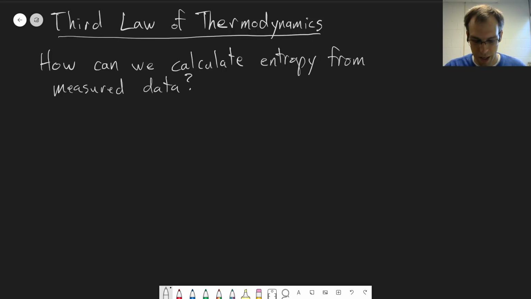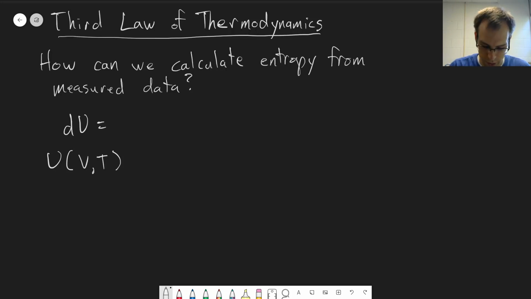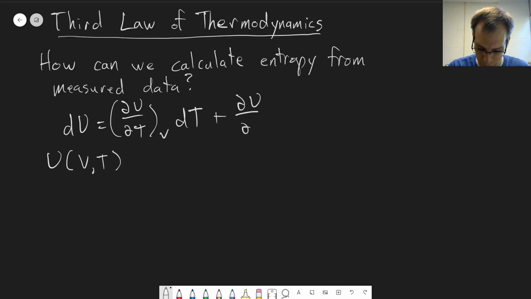And to do this, we're going to be taking advantage of the fact that we can write out total differentials of variables that we have encountered so far in thermodynamics. For example, dU. If we say U is a function of the volume of gas that we have and the temperature, we can write a total differential just based on the rules of partial derivatives: the partial derivative of U with respect to T at constant V, dT, plus the partial derivative of U with respect to V at constant T, dV.